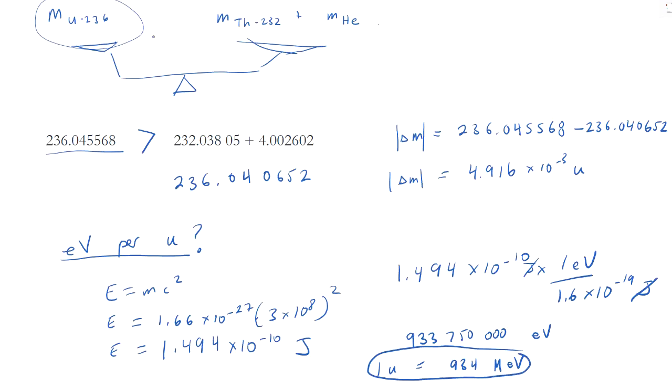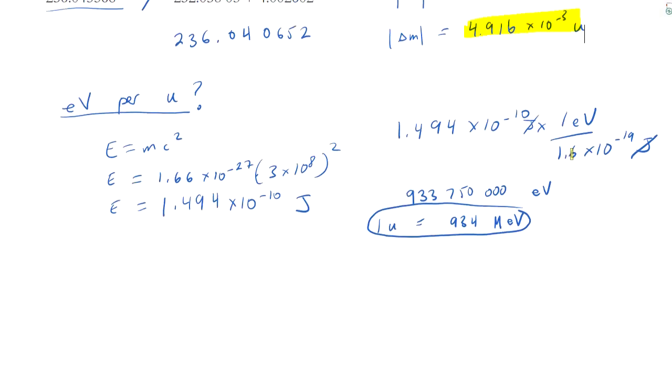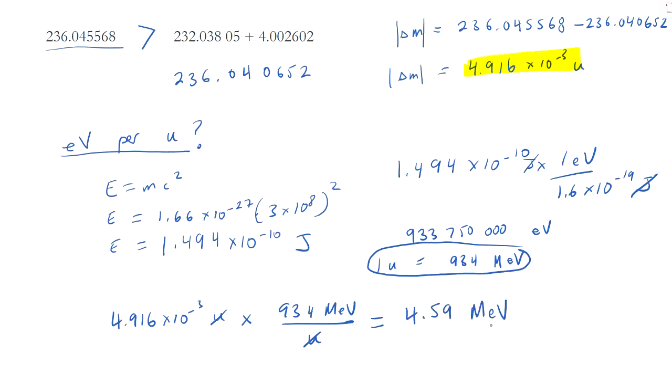So, considering we don't have that many units, we only have this many, we should just convert our number by saying 4.916 times 10 to the negative 3 units multiplied by 934 mega electron volts per unit, and that will give us 4.59 million electron volts.